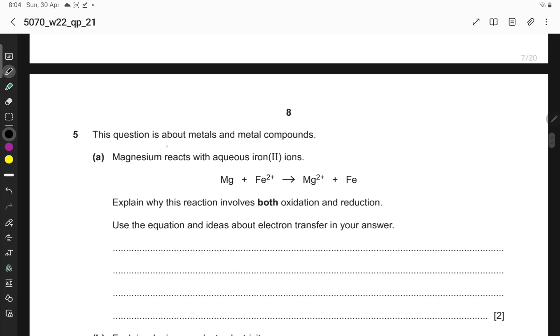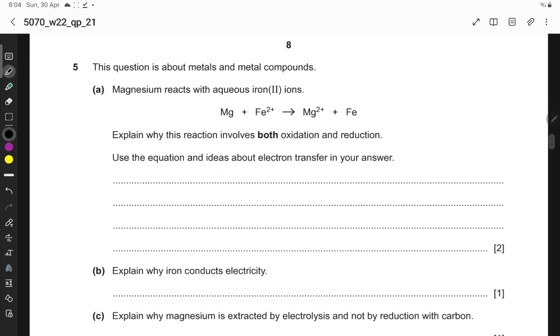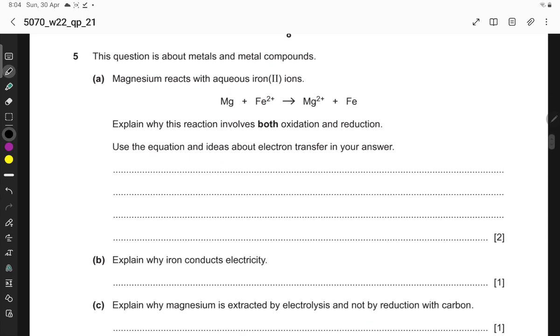This question is about metals and metal compounds. Magnesium metal reacts with aqueous iron 2 ions. Explain why this reaction involves both oxidation and reduction.